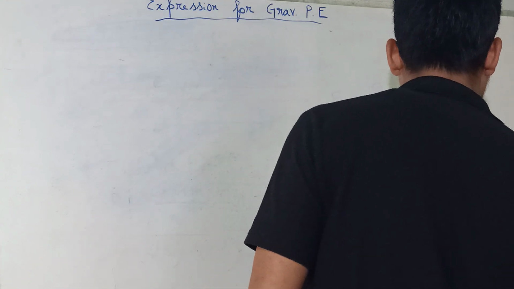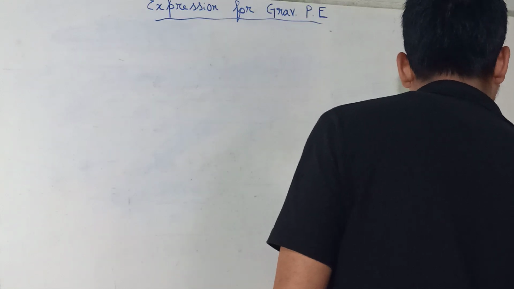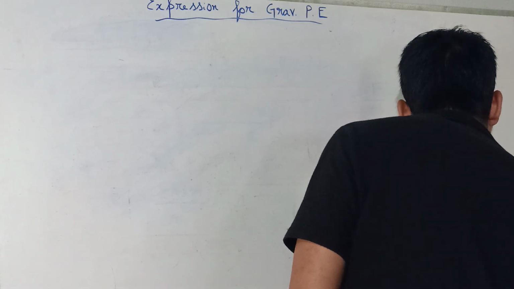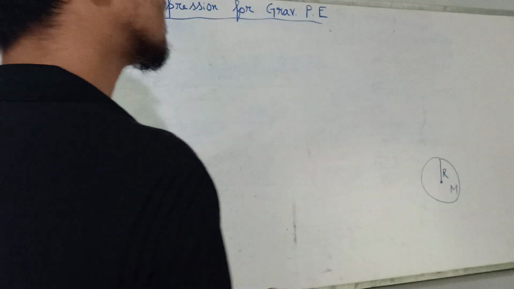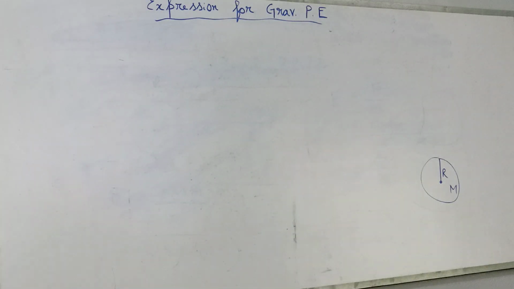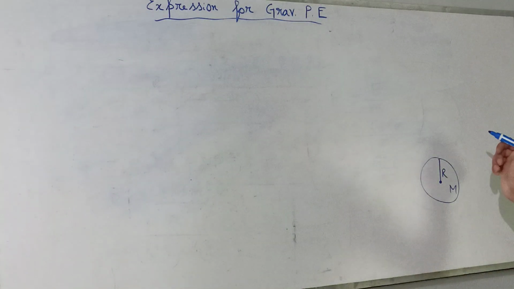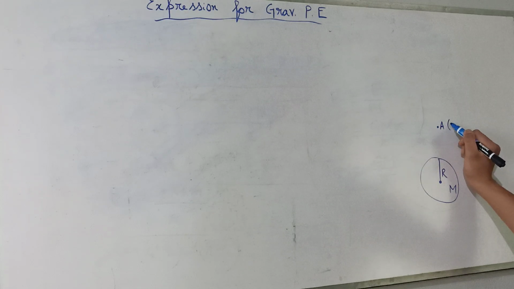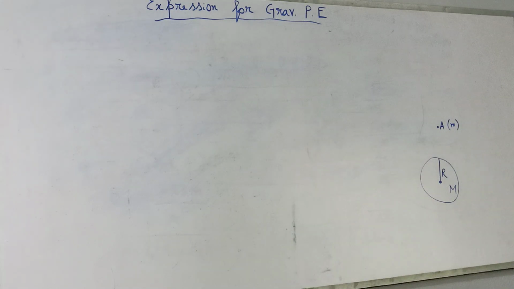Let us consider Earth as a uniform sphere of radius r and mass M. Now, let's determine the gravitational potential energy of a body of mass small m lying at a point A. So we're going to find out the gravitational potential energy of a body of mass small m, okay, lying at the point A.